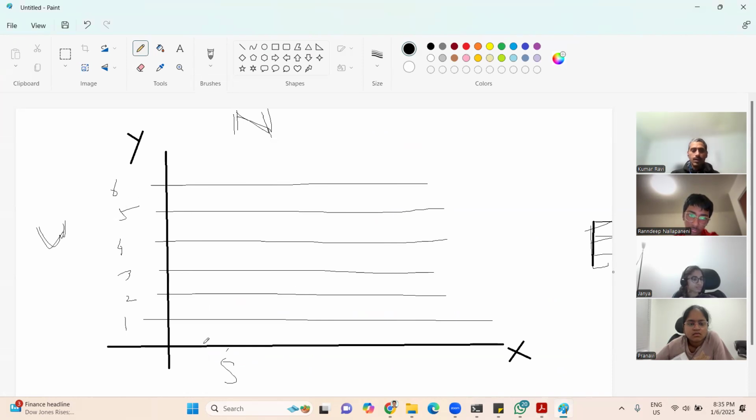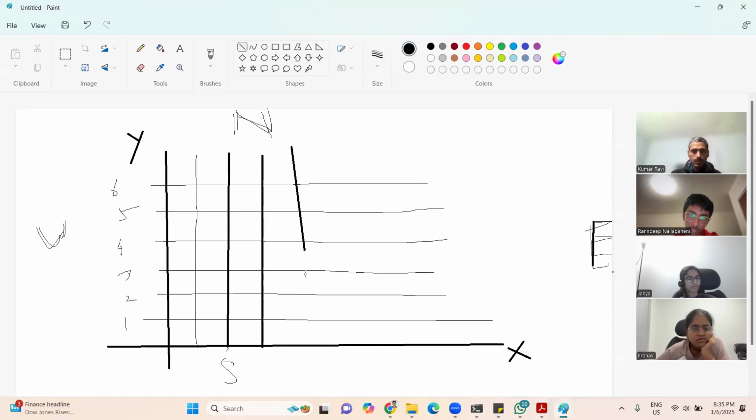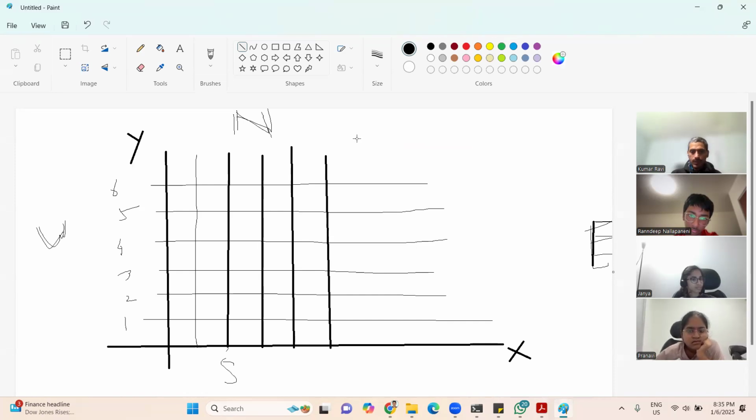Likewise, these are avenues: second avenue, third avenue, fourth avenue, fifth avenue, sixth avenue. So we'll put 1, 2, 3, 4, 5.